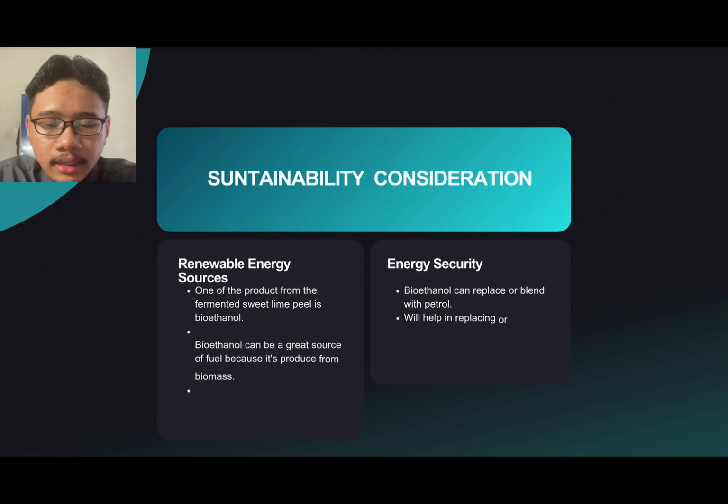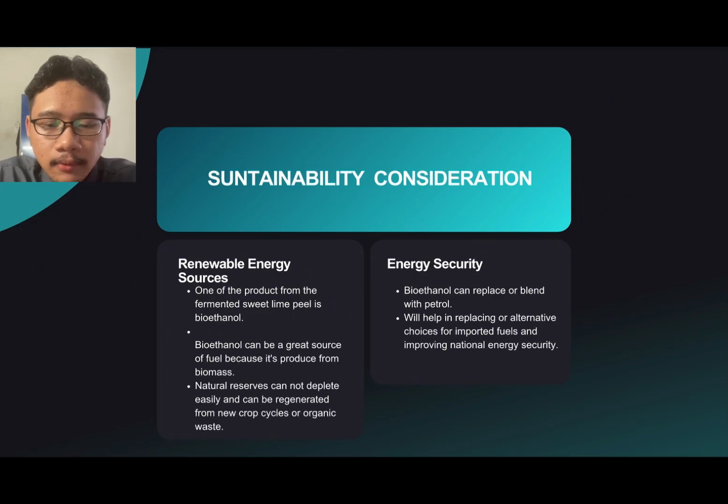First of all, in renewable energy sources, it will bring a lot of help in producing bioethanol, because bioethanol from sweet lime peel is biomass, hardly depleted and can easily be regenerated. Furthermore, in energy security, bioethanol can help replace or blend with petrol.